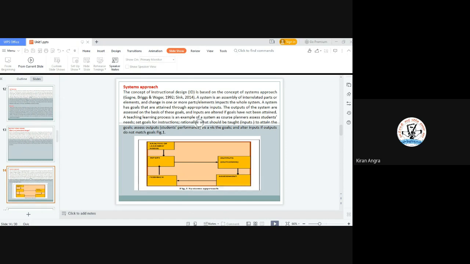Will it be print media, audio media, video media, or a combination of these? So the ID thus helps to plan the technology to be used, when and how to use it for teaching and learning. So while using ICT in teaching and learning process, ID is very, very important.